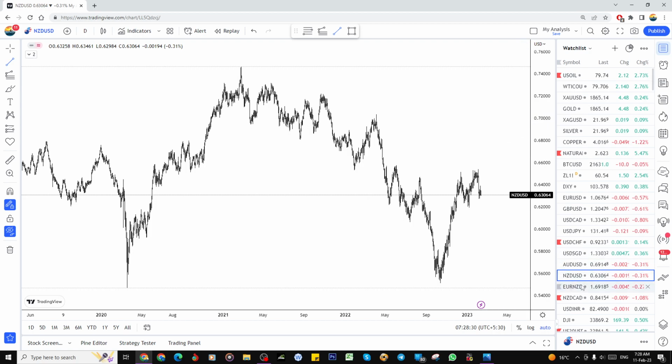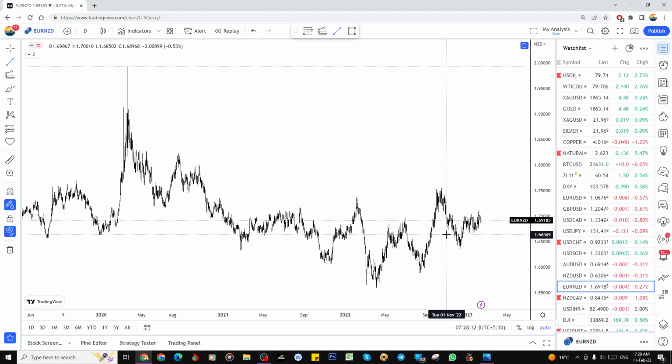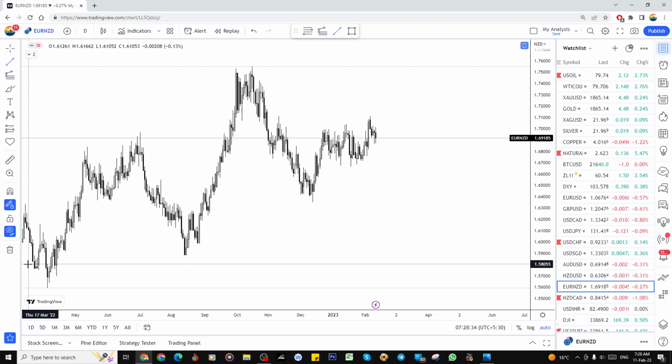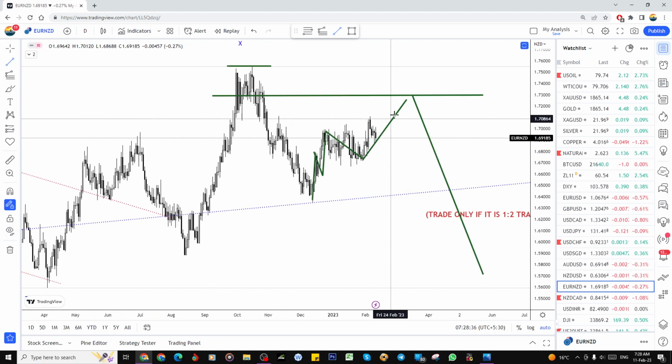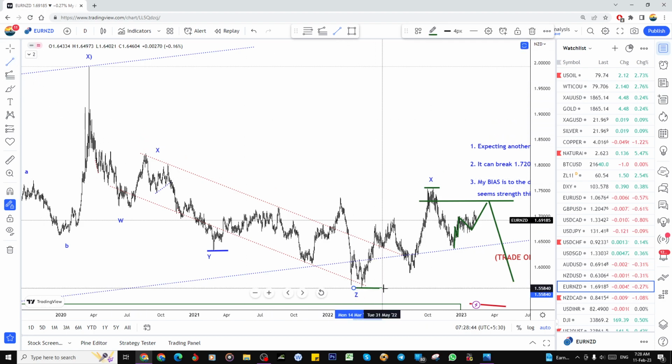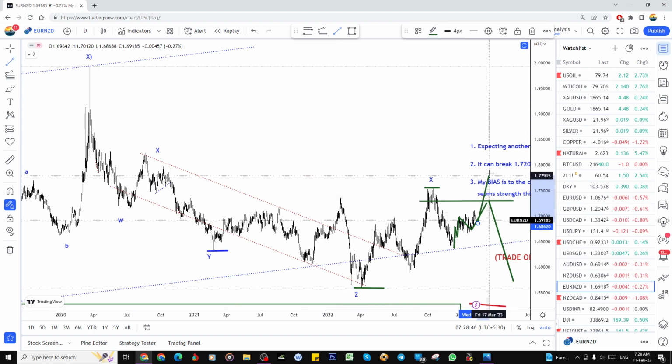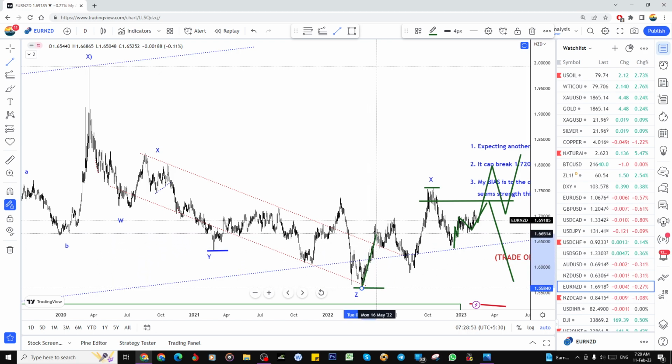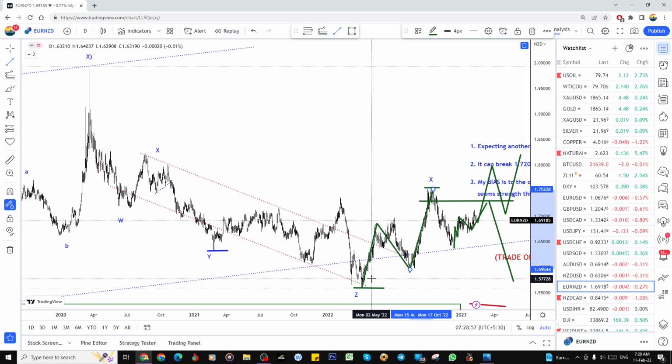So next, New Zealand, same. Look at this. I'm looking for the correction here and one more impulsive wave to the downside, whether it is going to break this low or whether it is going to be again this one. So from the low, one impulsive or one three-wave structure has got completed.